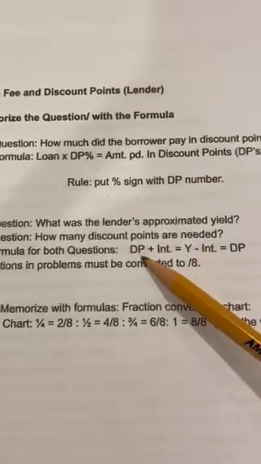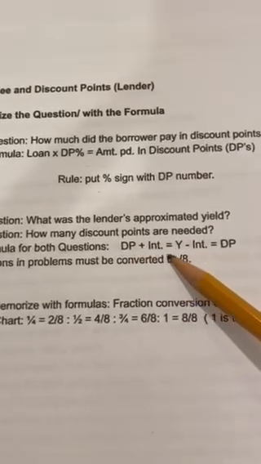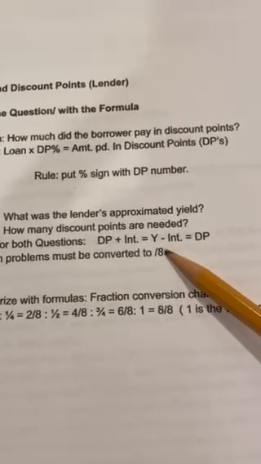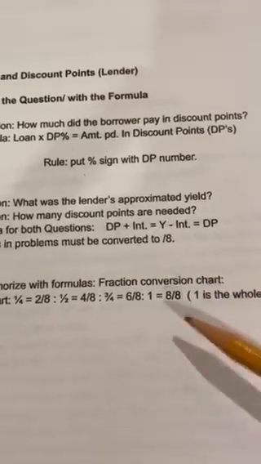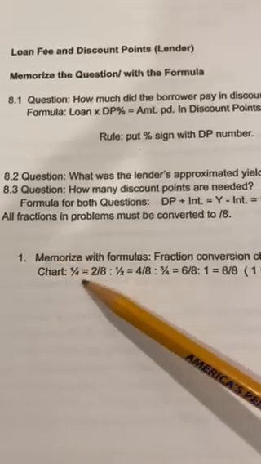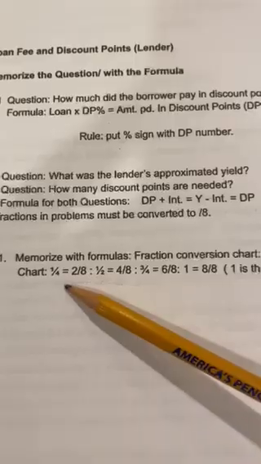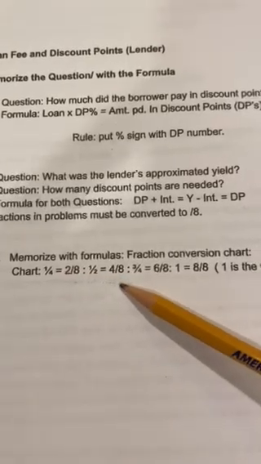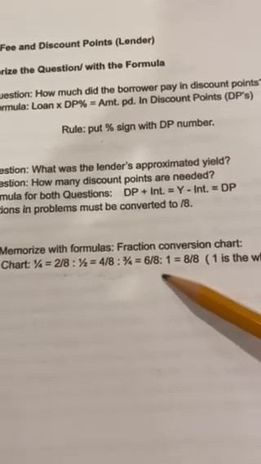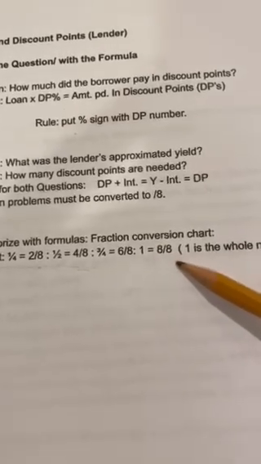You use the same formula: DP plus interest equals Y, minus interest equals DP. Also memorize your chart of conversion of fractions: 1/4 equals 2/8, 1/2 equals 4/8, 3/4 equals 6/8, and a whole equals 8/8.